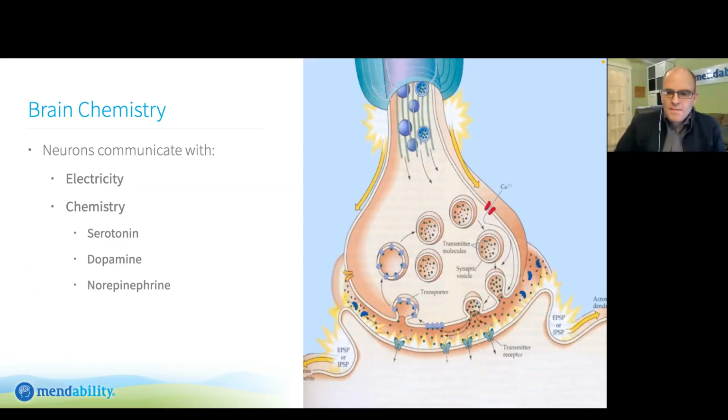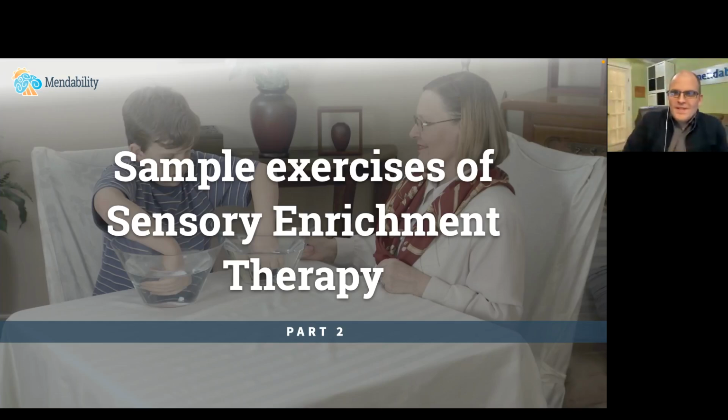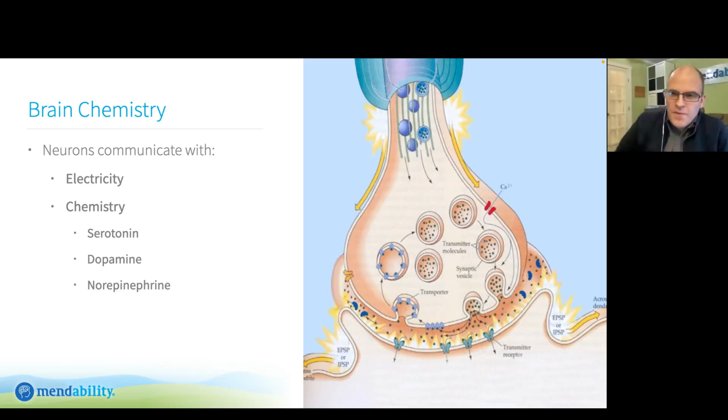So, part 2, what are those simple exercises of sensory enrichment therapy? Before we show you the first game, I want to explain something about brain chemistry. Neurons in the brain communicate one with another, and that's how you get the brain to do stuff. Everybody knows about the electrical signal, right?